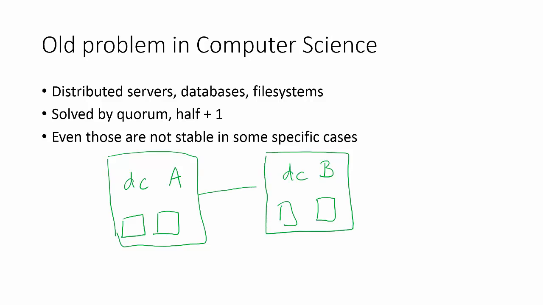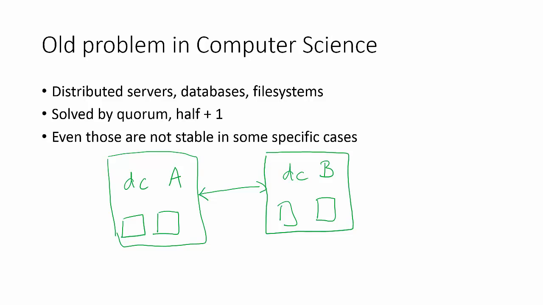And these data centers can communicate with each other over a network. Now if A fails, B does not have quorum. Quorum in this case is half of 4 plus 1, which is 3, and B only has two nodes. That means that B also stops working voluntarily.